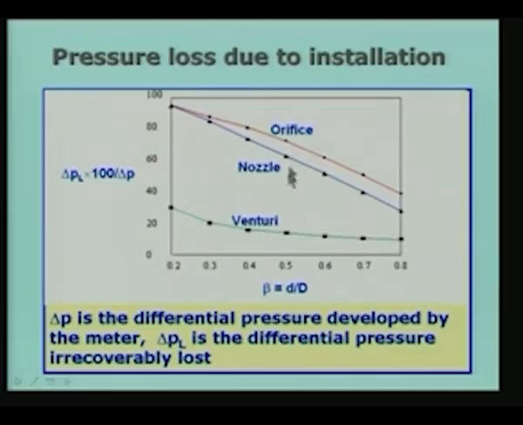So the expense goes up in this direction, and as the expense goes up, the pressure loss goes down. So you have to decide based on the requirement. Accordingly, you decide whether to use an orifice, nozzle or venturi. Cost wise, the orifice is the cheapest, the nozzle is more expensive, and the venturi is the most expensive of the three types of measuring devices.